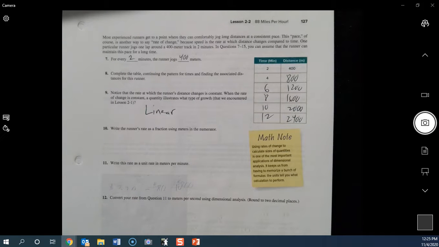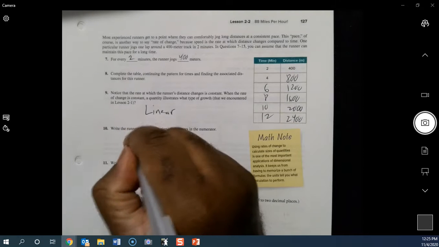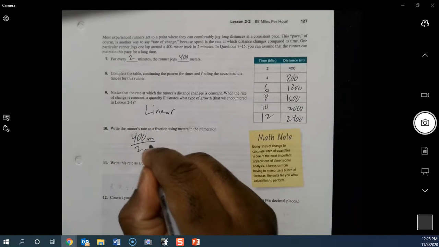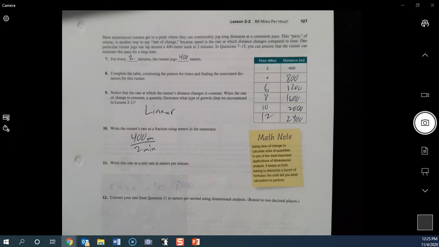Number 10, write the runner's rate as a fraction using meters in the numerator. All right, so we will have 400 meters all over 2 minutes. Now, we will not simplify this.